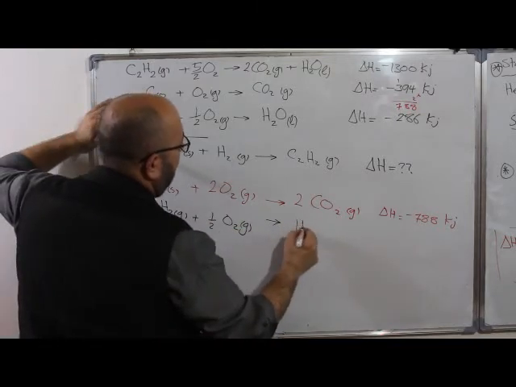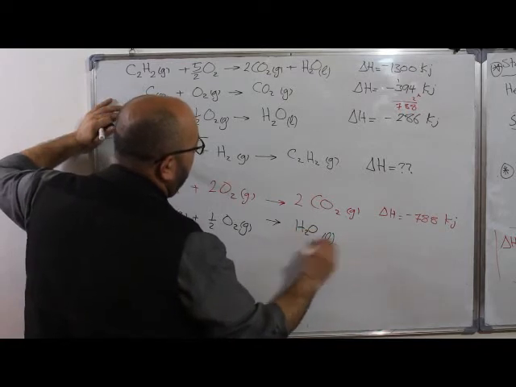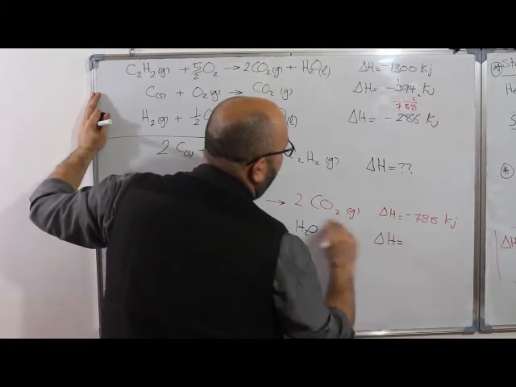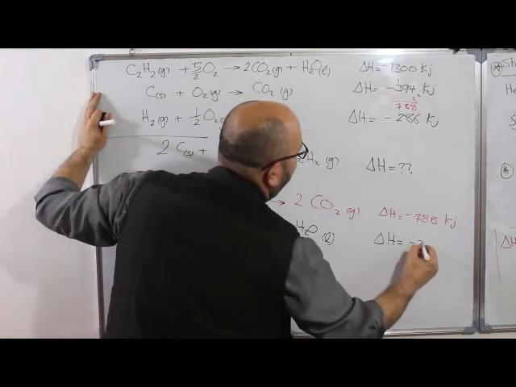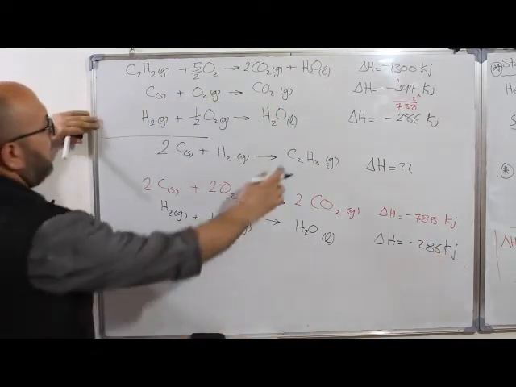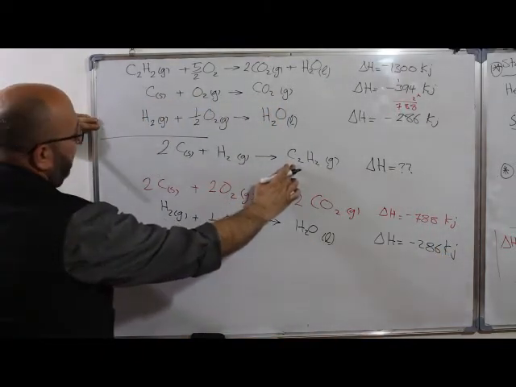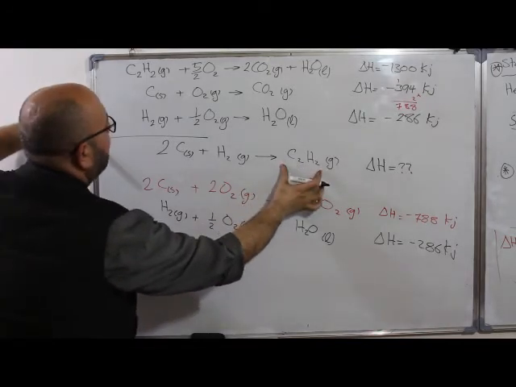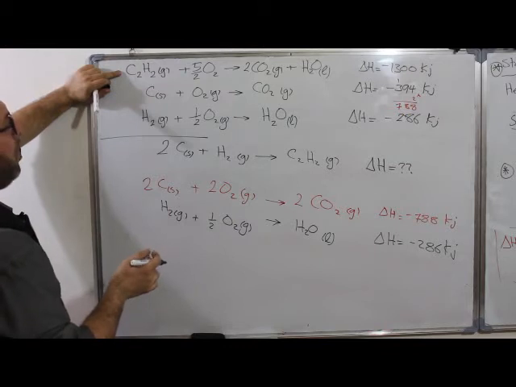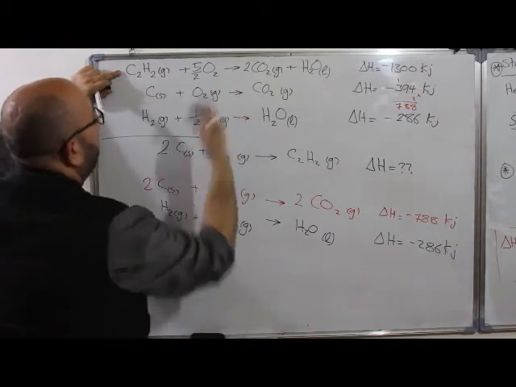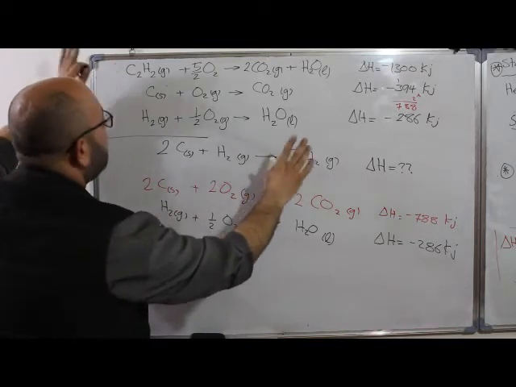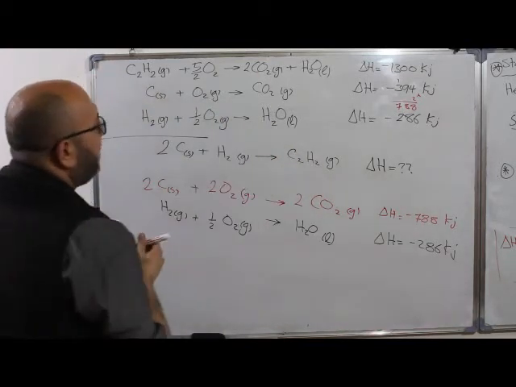It's H2O liquid, and enthalpy is negative 286 kilojoule. The final product is at product side here, there it's at reactant side. What should we do? We said that you're just gonna flip it without any multiplications because it's 1-to-1 here. So just flip it to make it ready to use.